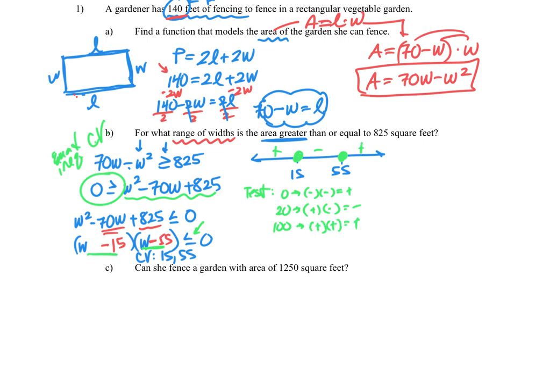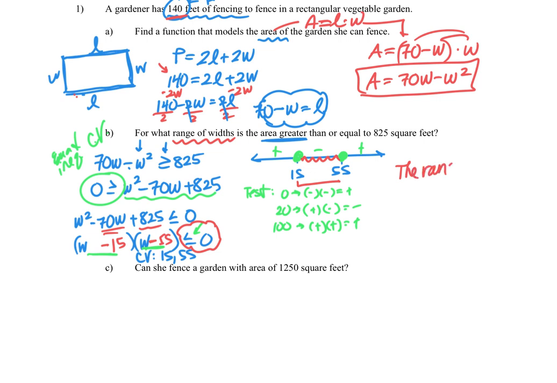And then I go back and say, well, what am I looking for in my answer? I'm looking for things that are less than 0, which means negative, so that's in here. So what is the range of values? It's the range between 15 and 55.